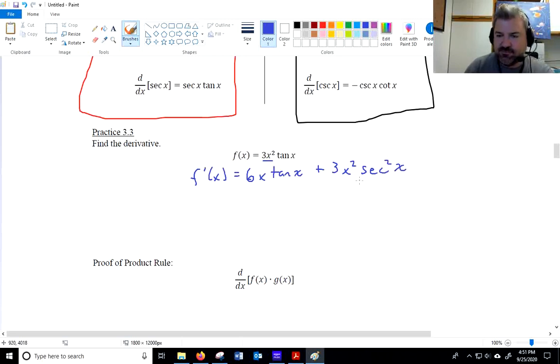Okay, cool. Quick note, I don't know if I've talked about this very much, but when I'm writing math, I really like to have parentheses around the arguments of my trig functions, because it makes it clear that this plus 3x squared secant x is not in the argument. But I force myself not to all the time, because it's important that you know about mathematical notation. Mathematicians will not put parentheses all the time for arguments.